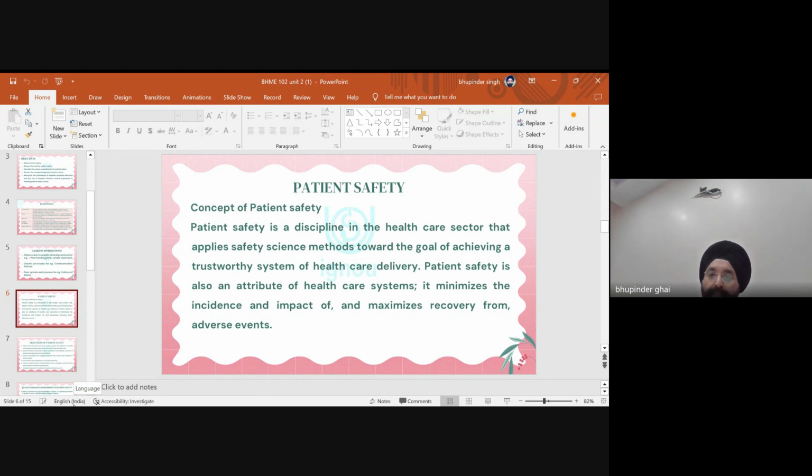And suppose if an incident happens to the patient, then with patient safety, maximum recovery will take place. It ensures that the patient, when discharged from the hospital, has recovered to the maximum.